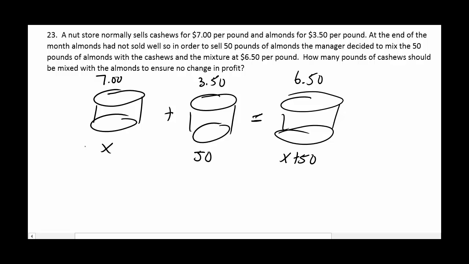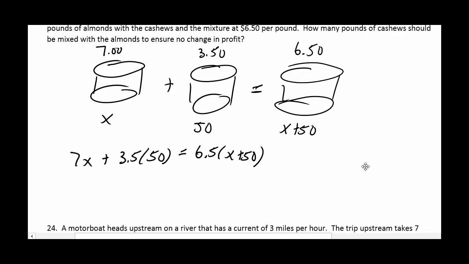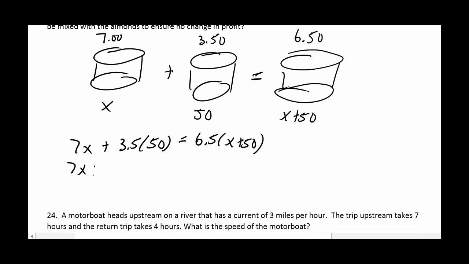So my equation then is going to be 7 times x plus 3.5 times 50 equals 6.5 times x plus 50. And then I just want to solve that. So let's see, 7x, 3.5 times 50 is 175.